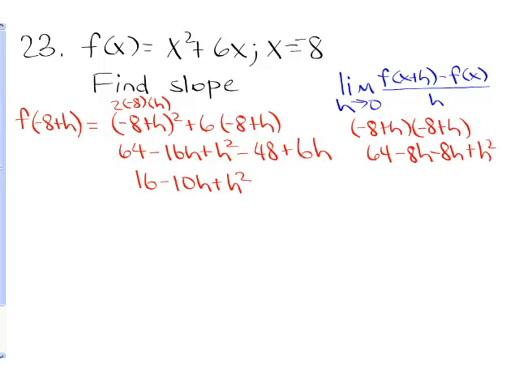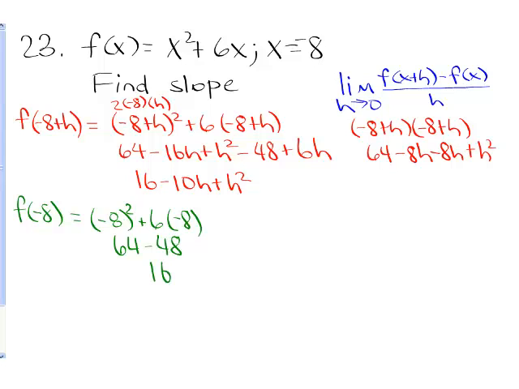All right. And then we need f of negative 8. So that's going to be negative 8 squared plus 6 times negative 8. So 64 minus 48, which is 16.